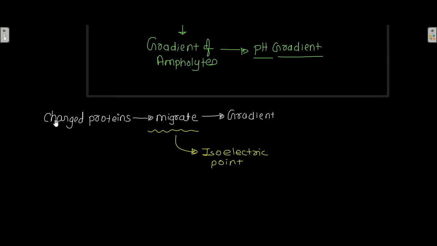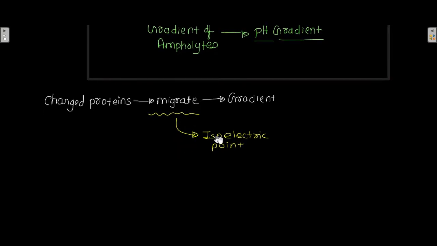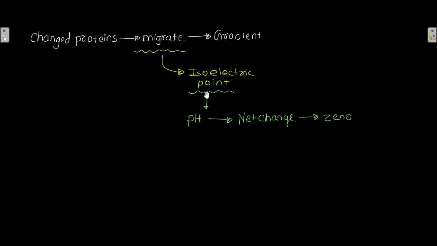As you know, the isoelectric point is the pH at which the net charge on the protein is 0. So the proteins migrate through the gradient until they reach a particular pH at which their net charge is 0, and they will not migrate any further.